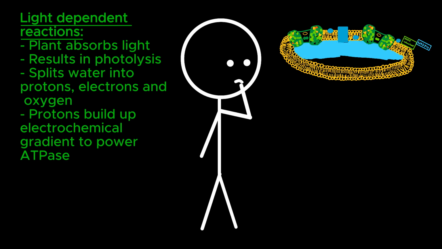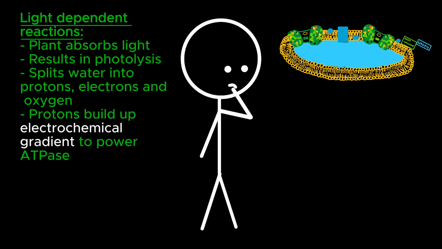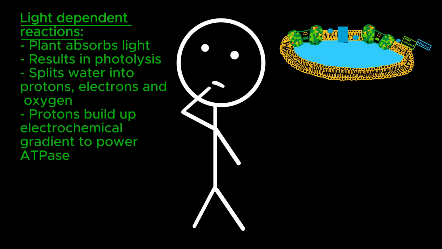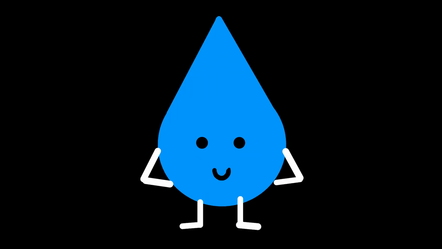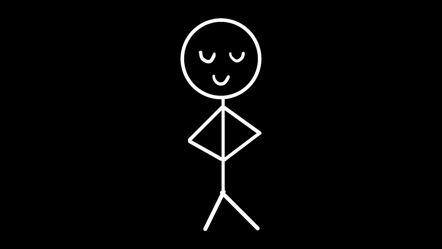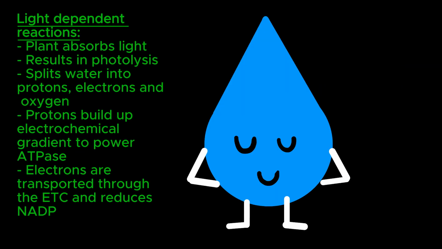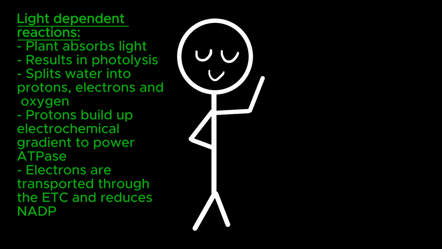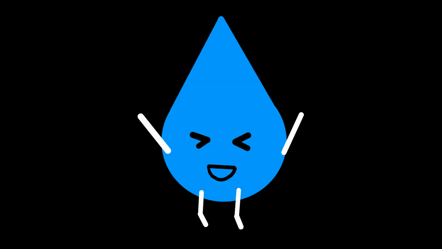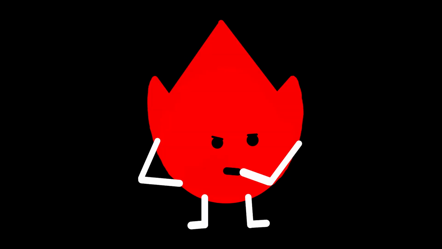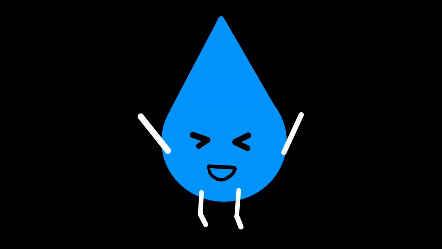This builds up an electrochemical gradient, which is used to power ATPase to produce ATP. Nice! How about the electrons? Electrons get passed on in the ETC. Good. The electron transport chain. And they are accepted by NADP to form NADPH. Yes. What about oxygen? Where does it go? Is it just released? Great job!